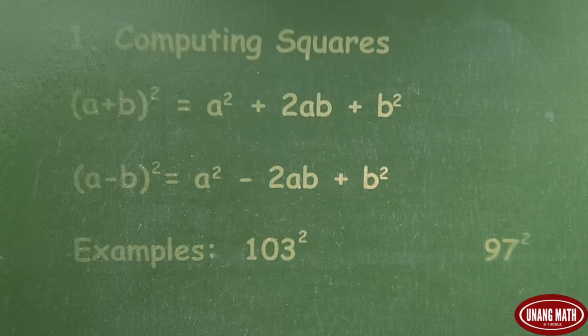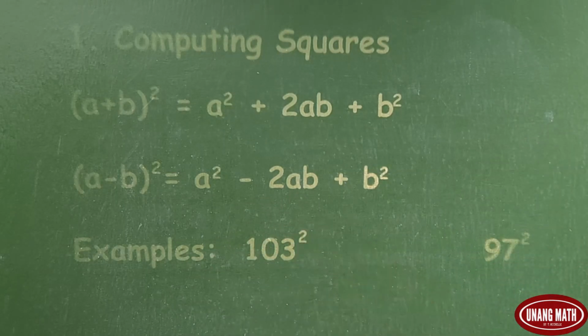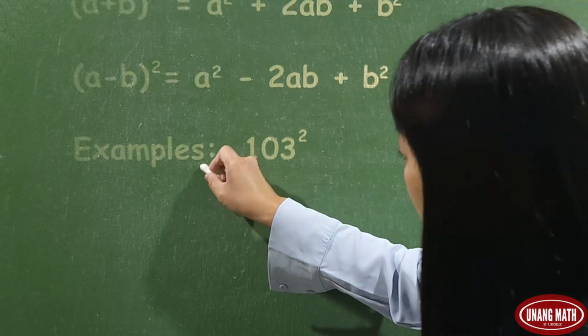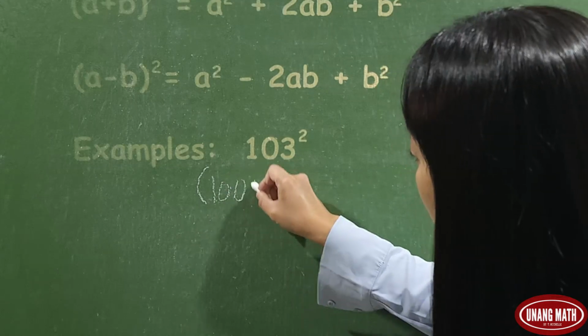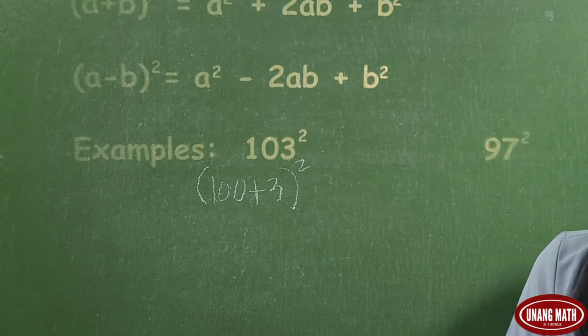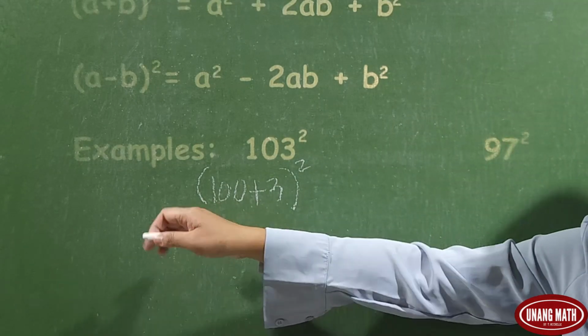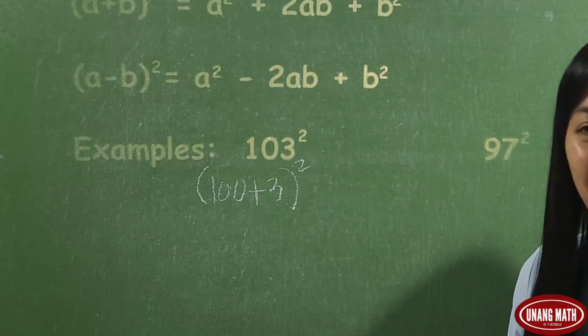Okay, now, let's compute for 103 raised to the power of 2 using square of binomials. 103 can be written as 100 plus 3, and this is squared. Why did we use 100? We use 100 so we can compute easier and faster.